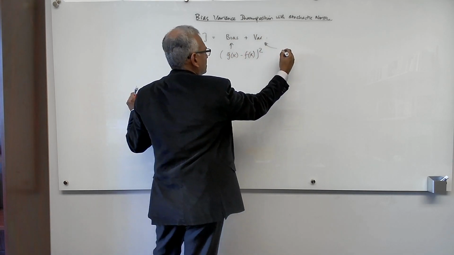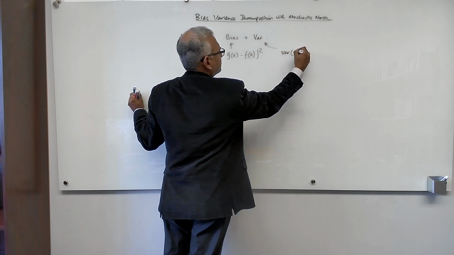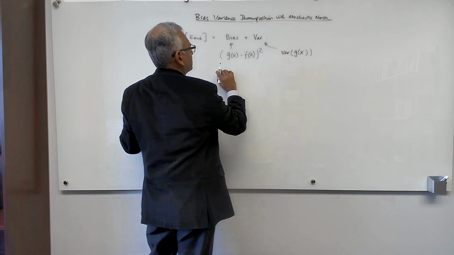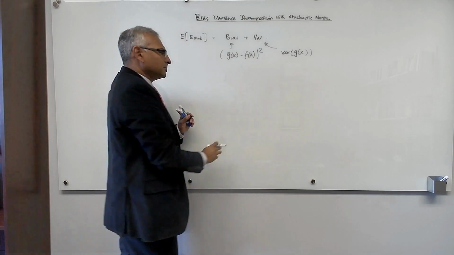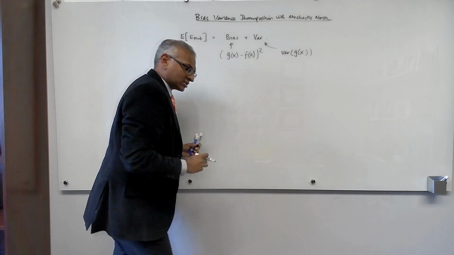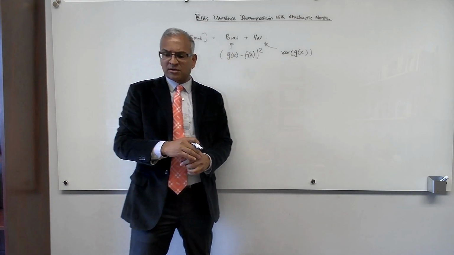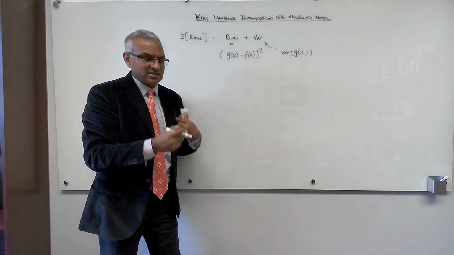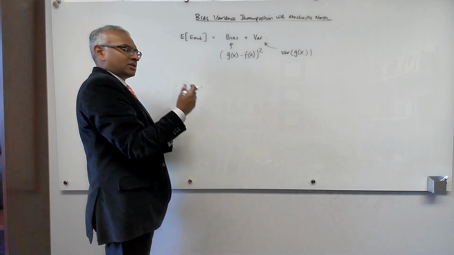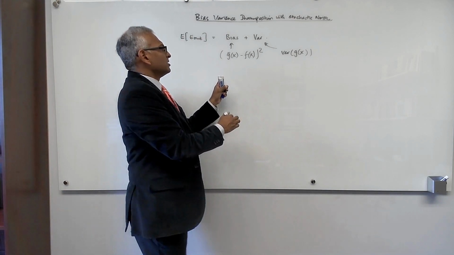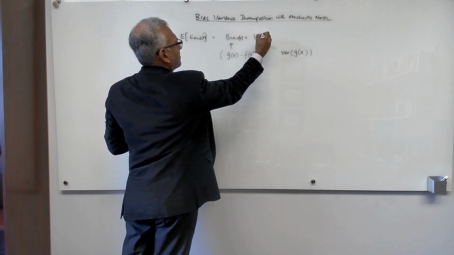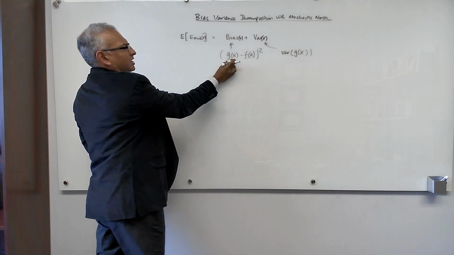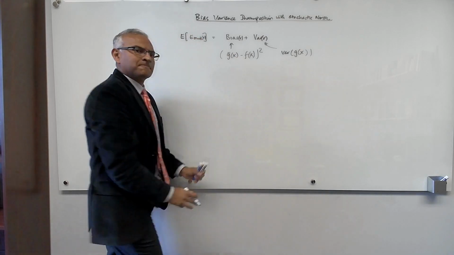And this term was the variance of G of x, where the variance, this expected value, and this average function that you output are all with respect to the randomness coming from the data set generation process. When you generate random data sets, there's some average value you will output, and there's some variance.